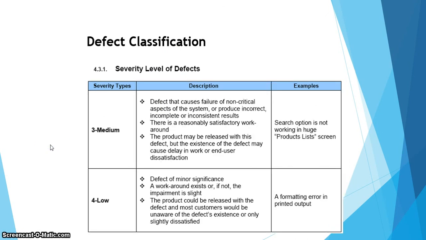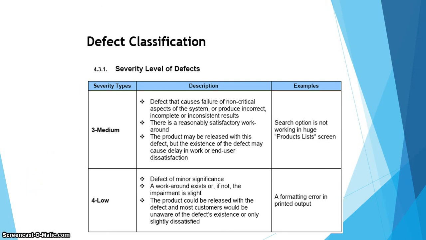Severity level 3, which is it causes a non-critical failure of the system. And the product can be released with such a defect, but it is better to fix such a defect. For example, the search option is not working in a huge product list screen, so it's not something which will impair you from working. However, it will cause delay or dissatisfaction of the end user, so it should be fixed.